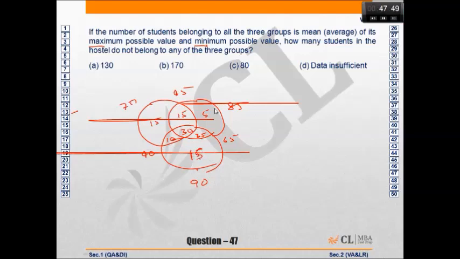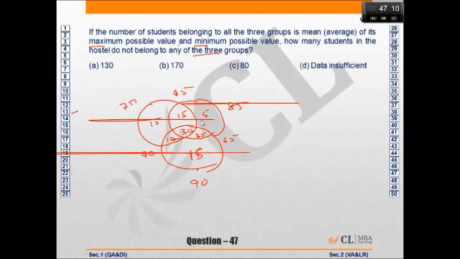So how many students in the hostel do not belong to any of the three groups? So this is 90, 90 and 45. So 90 and 45, 135. I have made a mistake somewhere. Okay, let me just check. 35. This is okay. This is 30. This should be 35, 60, 30, 10, 30, 15 is fine. 45. 55, 60, 70, that's fine. 35, 15, 50, 30, 80, this is also fine.